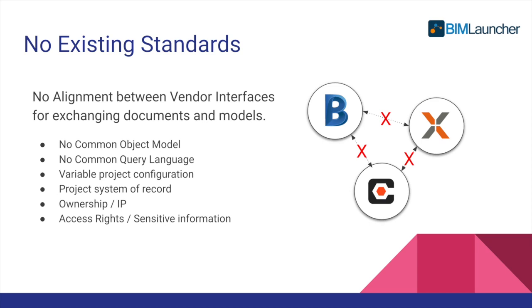The next issue is that there's no common query language. When you're talking to each of these systems, you can't just send the same command to search all documents from Procore, BIM 360, etc. They have their own internal queries and their own data structures behind the hood. Every project is configured differently. What I mean is that the schemas for each entity within each of these systems are flexible.